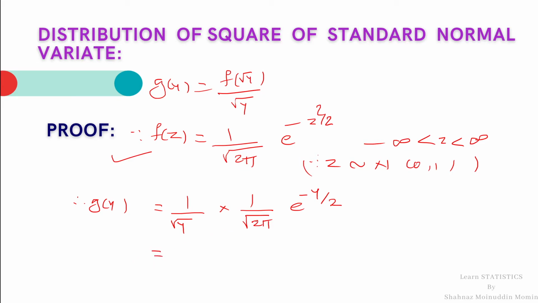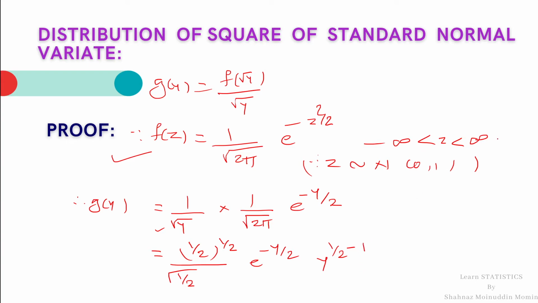By rearranging these terms, one can write this as 1 by 2 raised to 1 half divided by gamma 1 half, where I have written the value of root pi as gamma 1 half, e raised to minus y upon 2, and this under root y is taken in the numerator as y raised to 1 half minus 1.